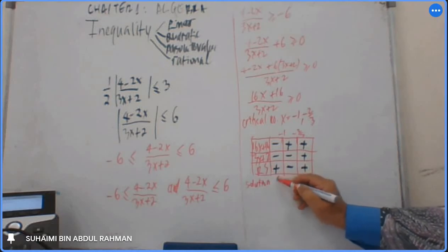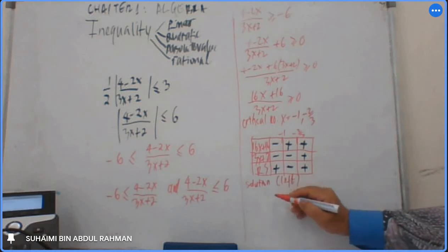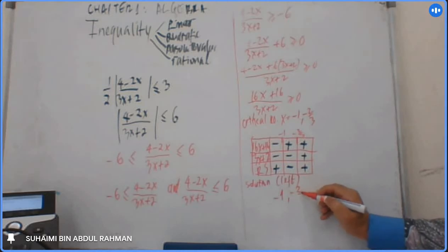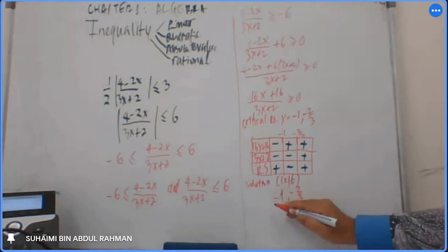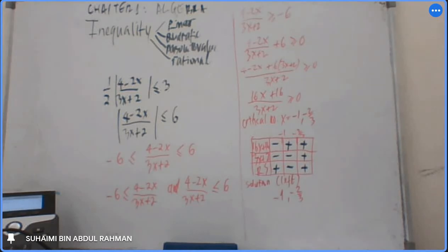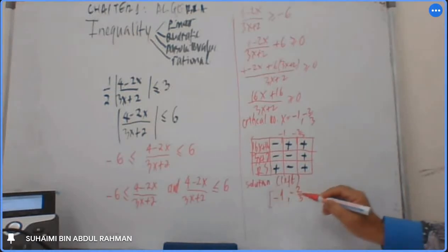Now the solution on the left is between minus 1 until minus 2/3. Is minus 1 included or not? Include, sir.